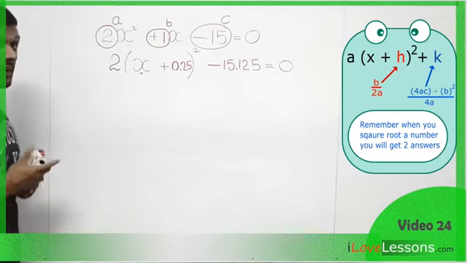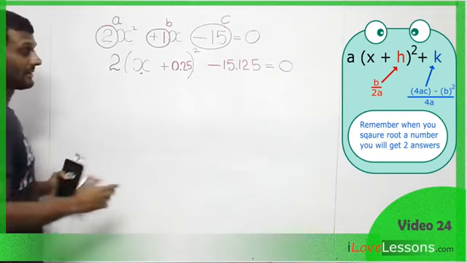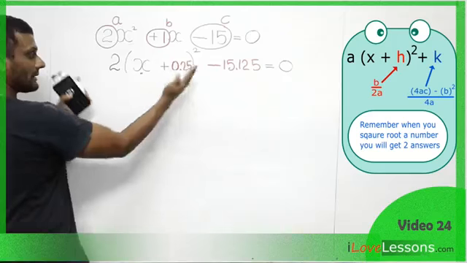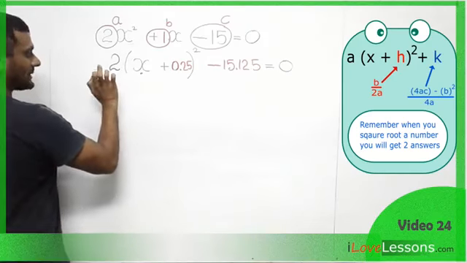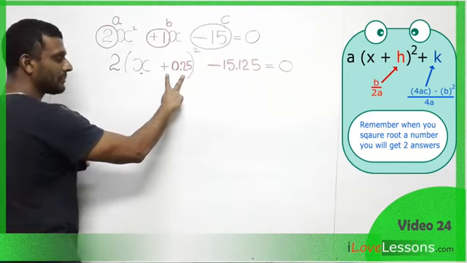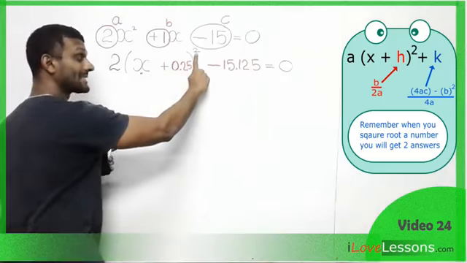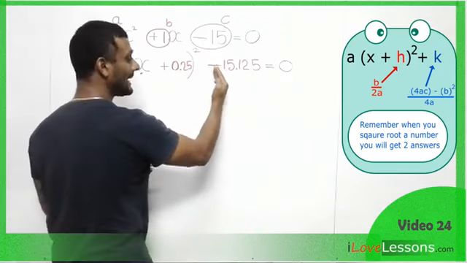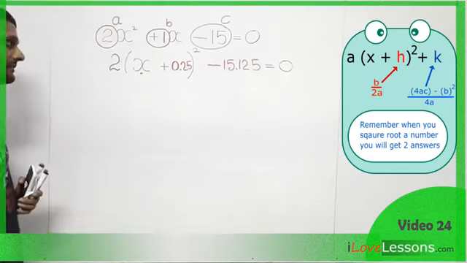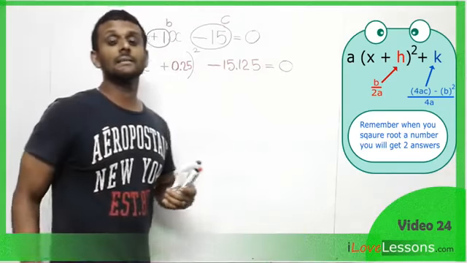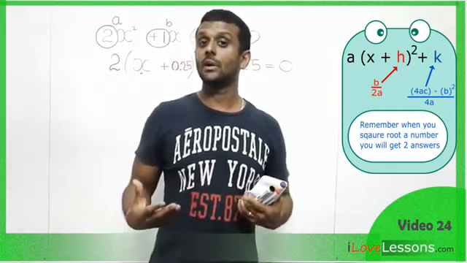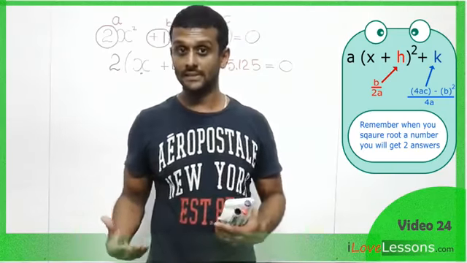Now, there's a lot of items to throw across today. If we want x alone on this side, we need to get rid of the 2, the positive 0.25, we have a squared, and a negative 15.125. It can really get confusing on who to throw across first.